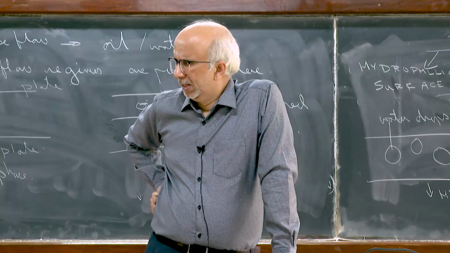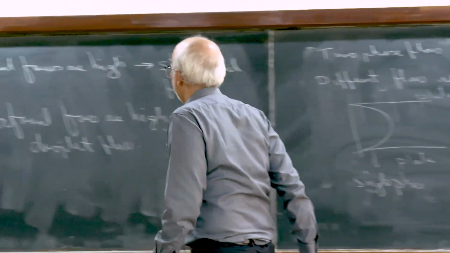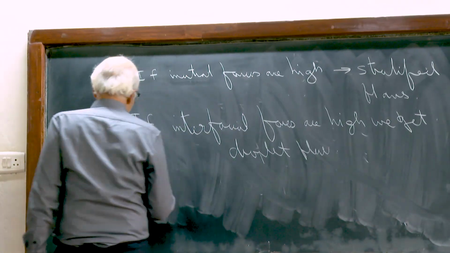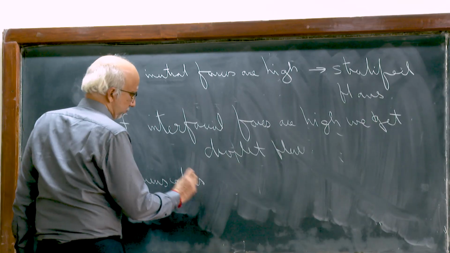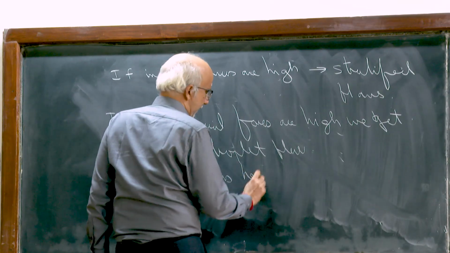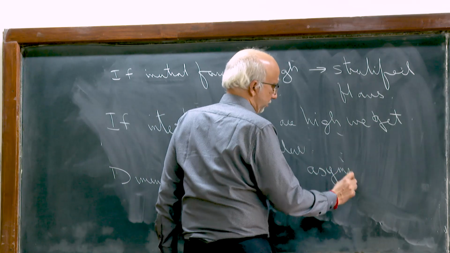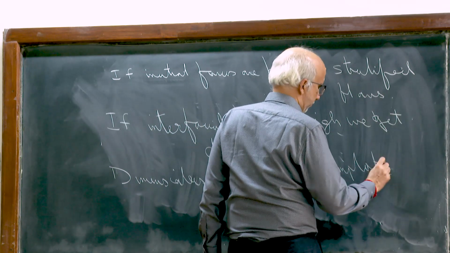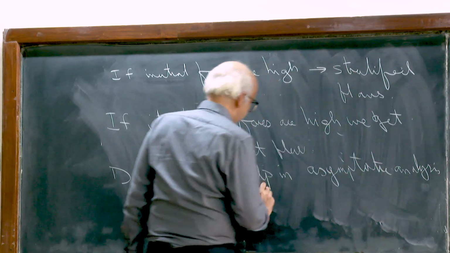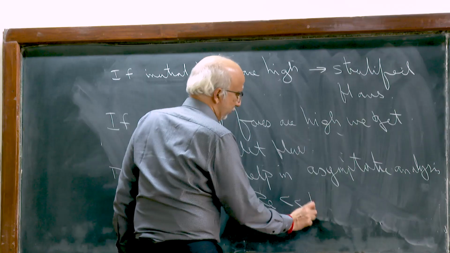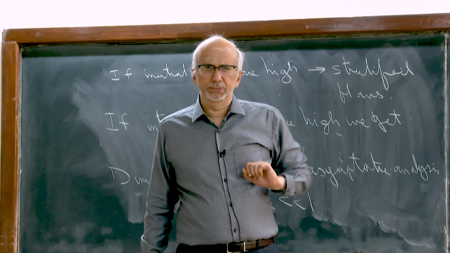So the point is, dimensionless numbers help in asymptotic analysis. For example, if Reynolds number is very much less than 1, that's what I mean by asymptote, very, very low Reynolds number.